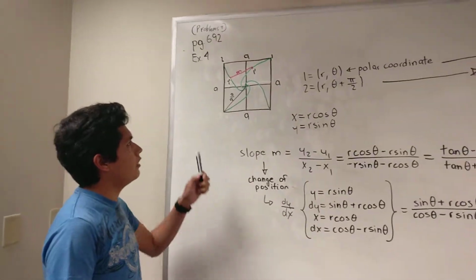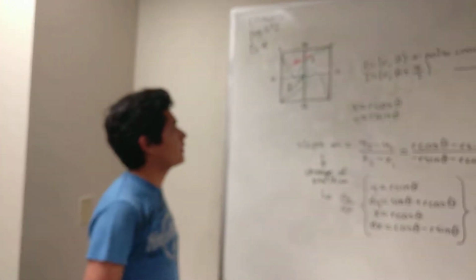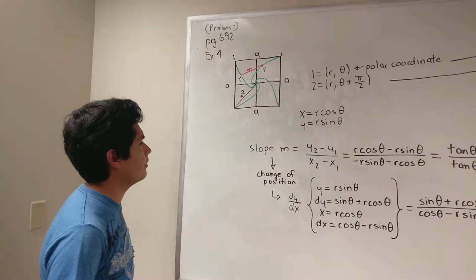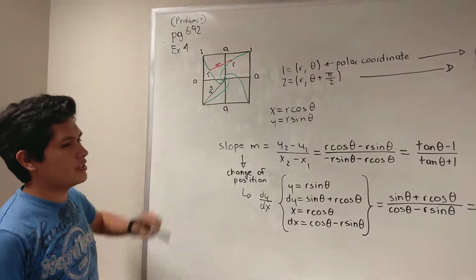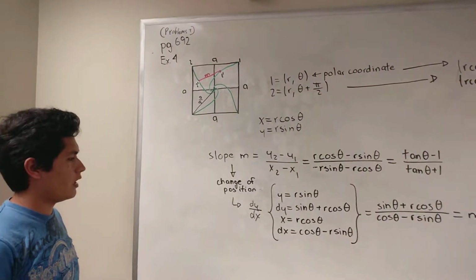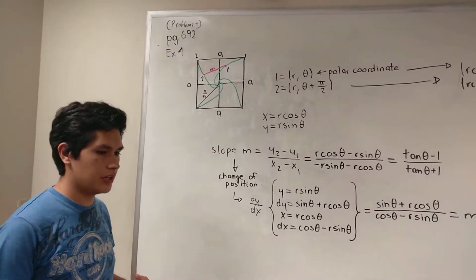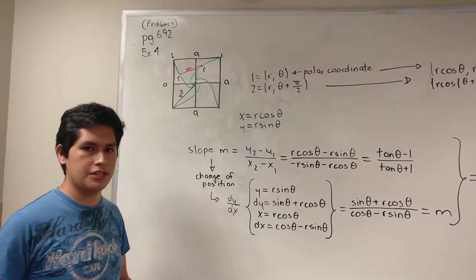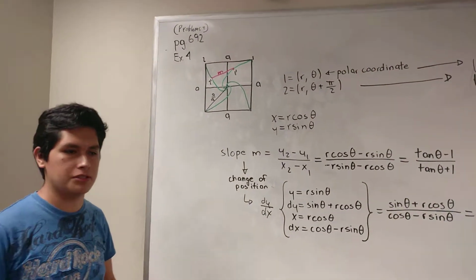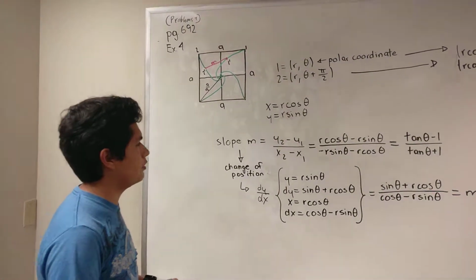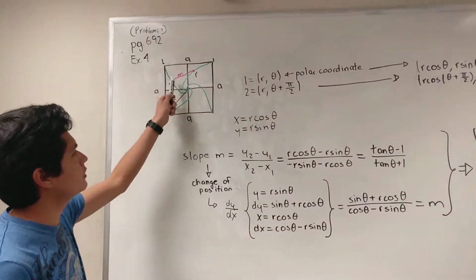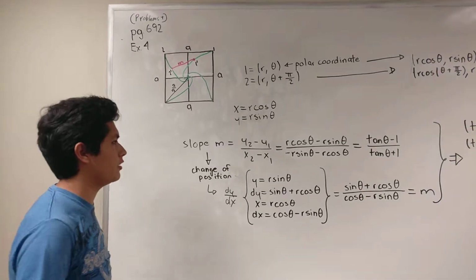Like I said at the beginning of the problem, we know that the bugs are moving towards each other and at the same time getting closer to the center of the plane. So we know that the rate of change is going to be equal to m. As a bug's position changes, that's the same as dy/dx, which is the derivative. So we're going to get the slope from these 2 points, considering them as x, y coordinates.